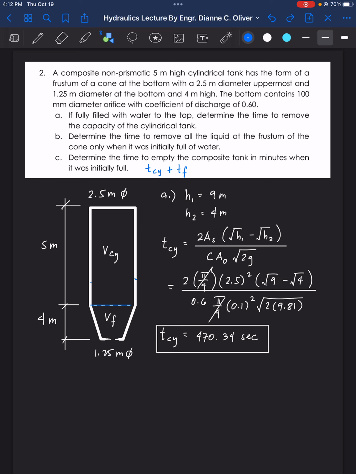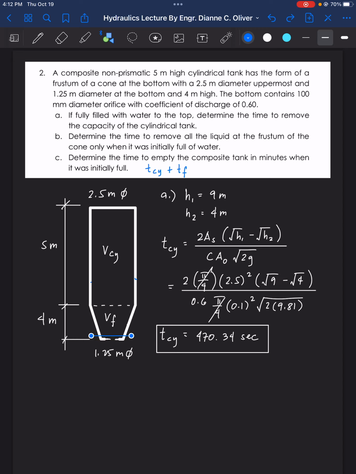Now the next scenario is having this water level go down to the frustum of the cone up to the level wherein the final height is 0. So from the initial height 4 meters down to the final height of 0 meters.